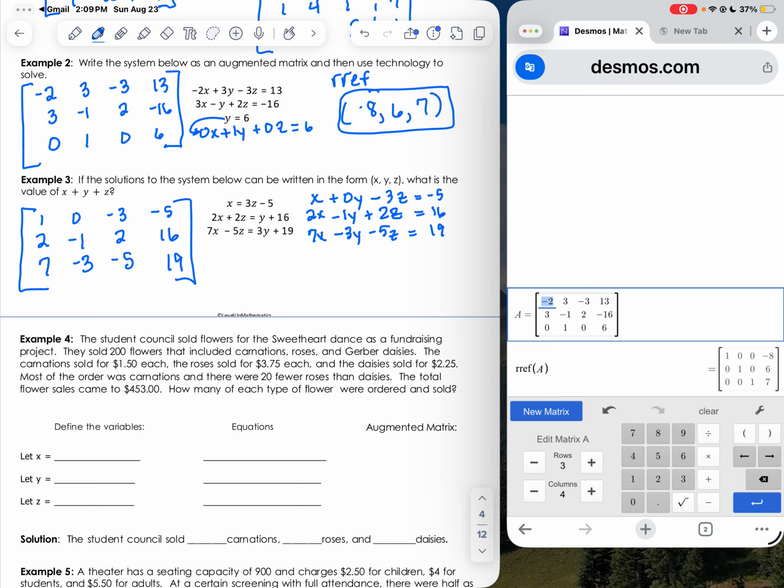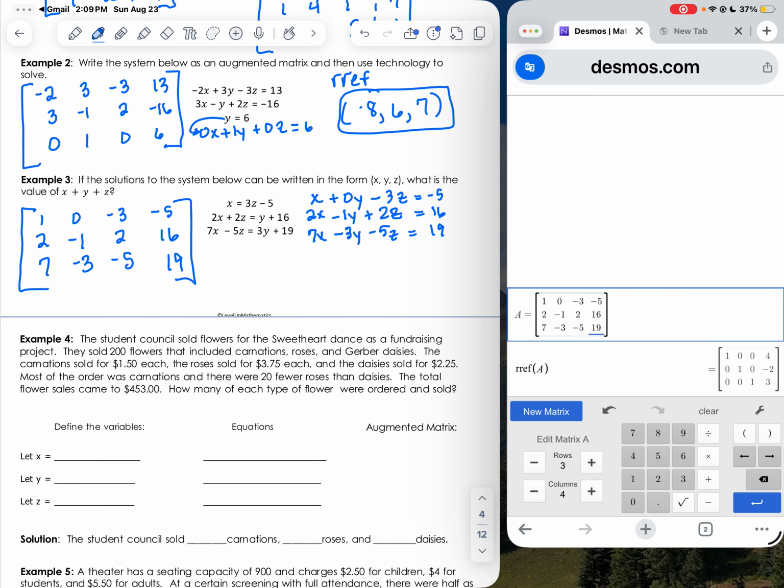So I'm going to change this -2 to a +1, side arrow 0, side arrow -3, side arrow -5, side arrow +2, -1, 2, positive 16, side arrow 7, -3, -5, side arrow 19.